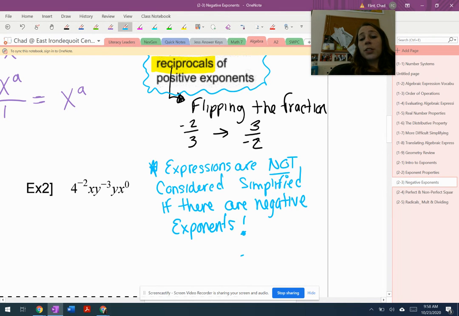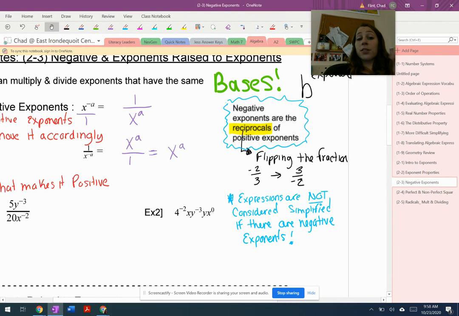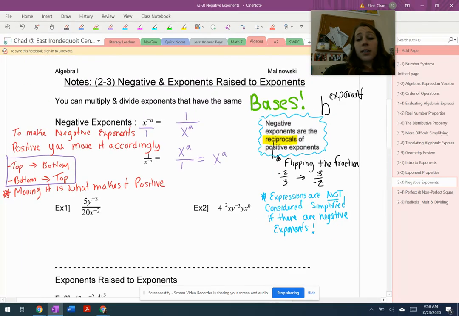So when your directions tell you to simplify, that means you should not have any negative exponents in your answer. We're going to take a look at the examples in a different video.